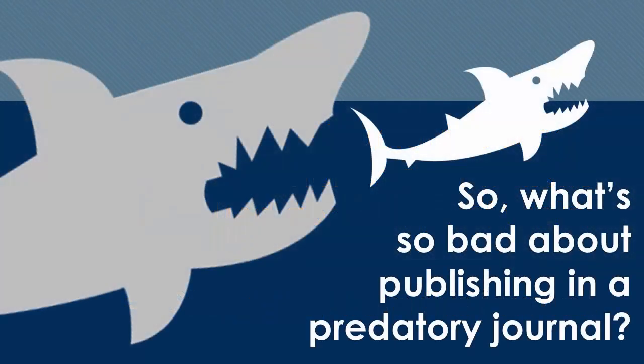Let me ask you a question. What's so wrong with publishing in a predatory journal? You know you did good research, so why is it a worry that it ends up being in a journal that uses predatory or unethical practices? There are a few reasons. First, you don't want to shell out money or receive demands for money from an unethical publisher.